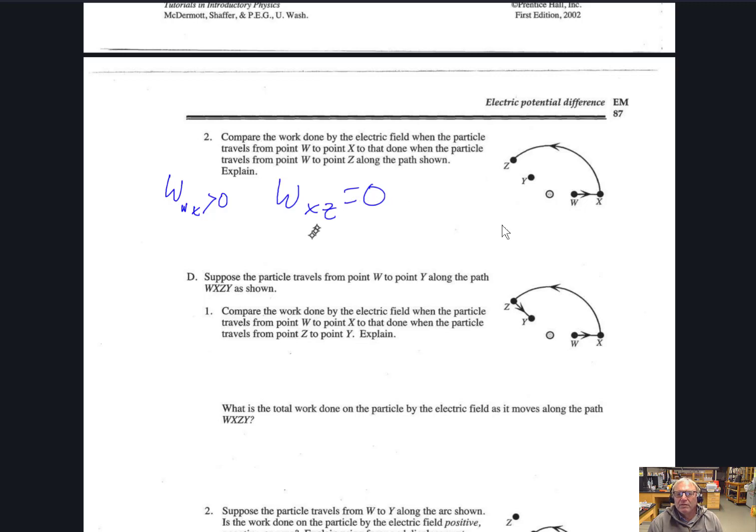This is because the force of the E field is parallel to S, and F_E here is perpendicular to S. Compare the work done with the particle trail. They're equal and opposite.